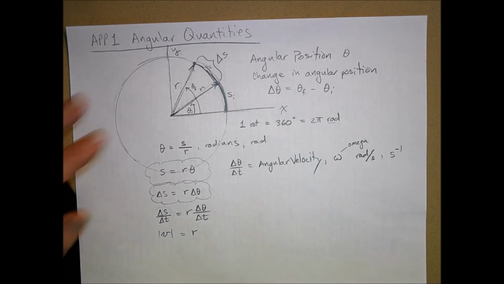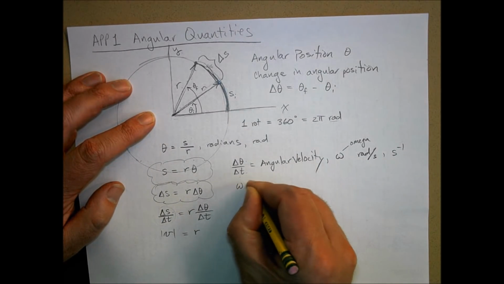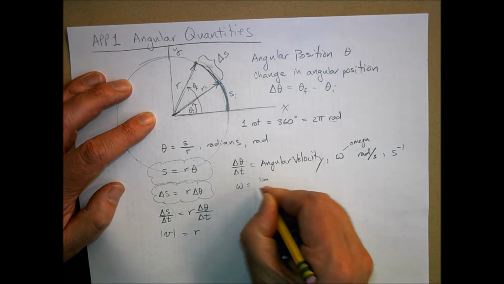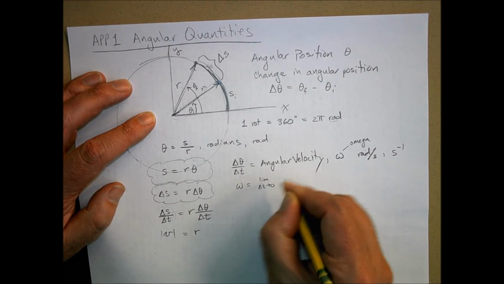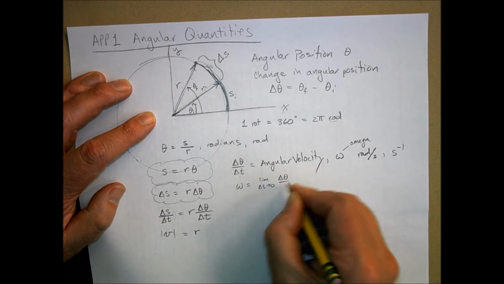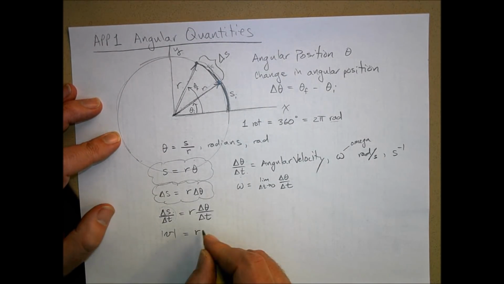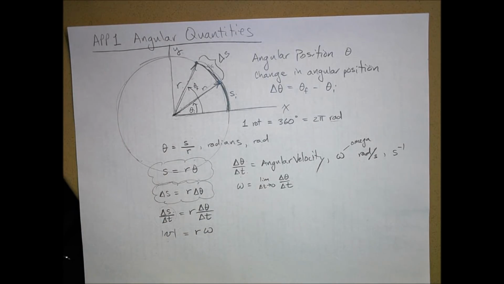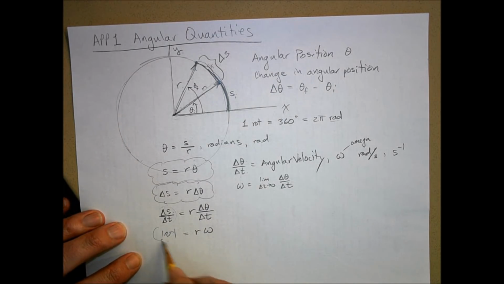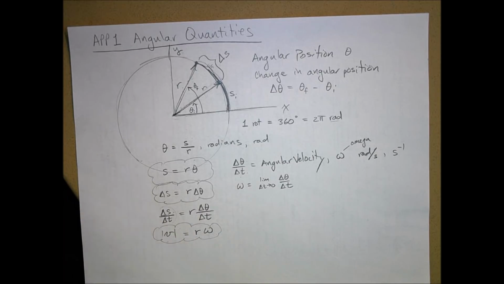I think they do it in the book. They said that instantaneous angular velocity is the limit as delta t goes to 0 of delta theta over delta t. Yeah. Okay. So our speed is equal to r omega. So this is something you need.